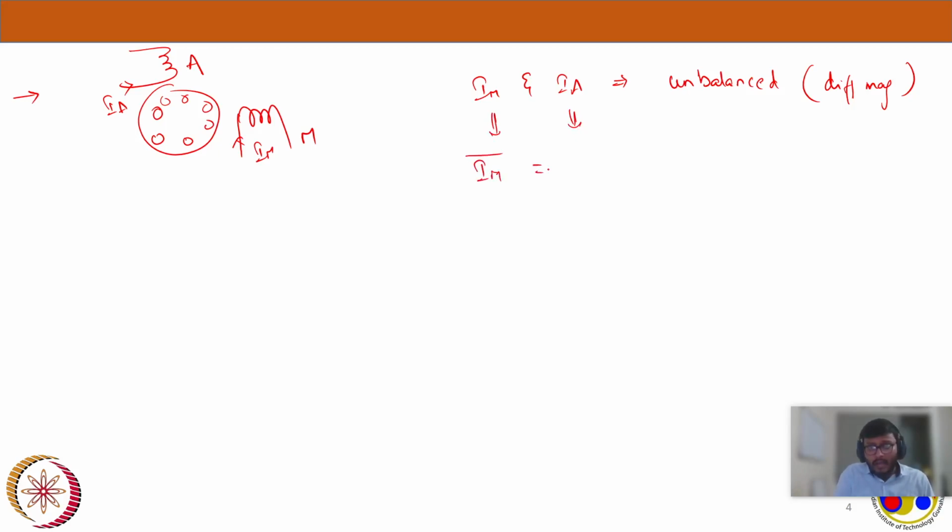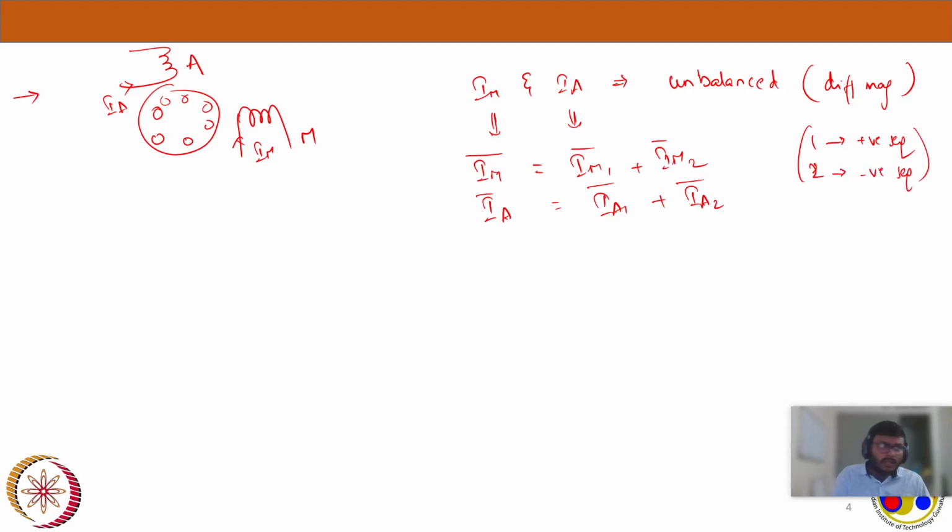I write IM as IM1 plus IM2, where 1 stands for the positive sequence component and 2 stands for the negative sequence component. Similarly, IA I break down as IA1 plus IA2.